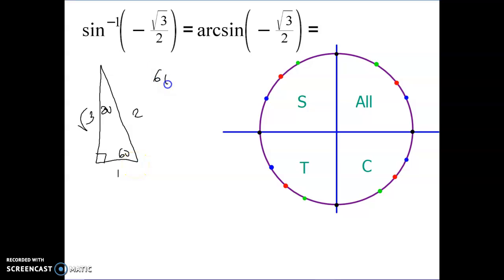And if you don't remember how to do the reference angle in radians, you can always multiply by 180 over pi. Remember how we changed those? And we got pi over 3. So my reference angle is going to be pi over 3, and I want that pi over 3 radian measure to be here in the third quadrant and here in the fourth quadrant.